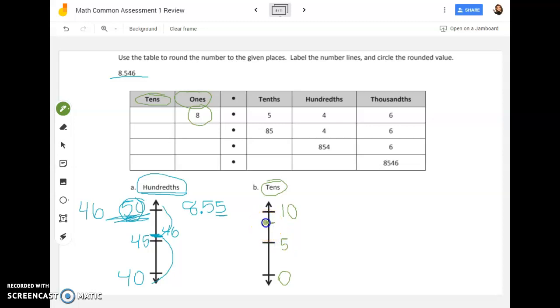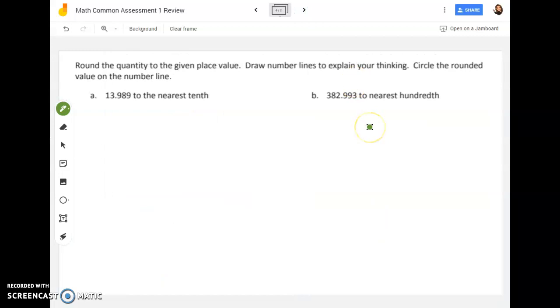My 8 is going to be right here, and I can see that 8 is definitely closer to 10 than it is to 0. So if we round this to the tens place, our 8 ones is just going to bump up to 10. So our answer when rounding to the tens place is just 10, because 8 is closer to 1 ten than it is to 0. Let's go on to the next slide.